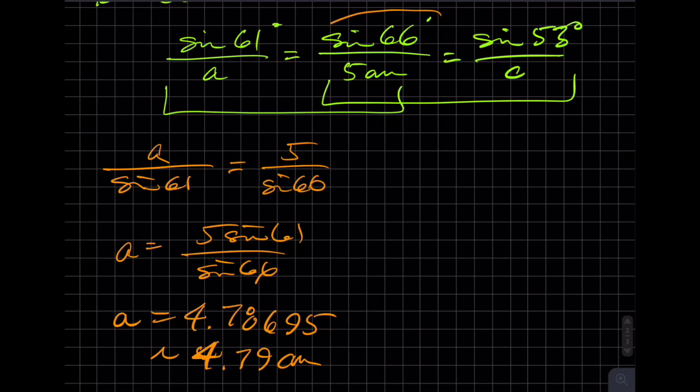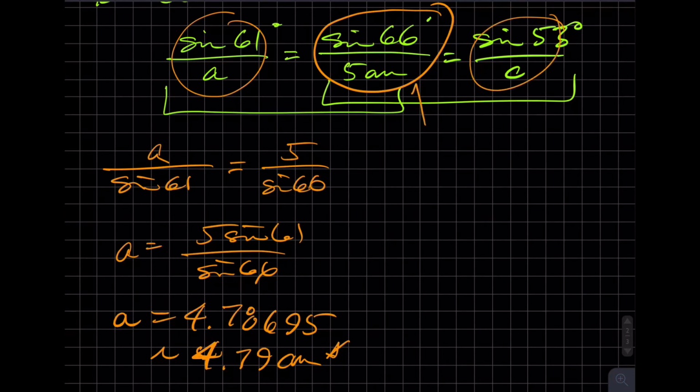I'm almost always going to try to use that pair because this number is less accurate since I just rounded it, and if I use it I'm going to introduce a small bit of error. These two integers, 66 and 5, don't have any error involved.